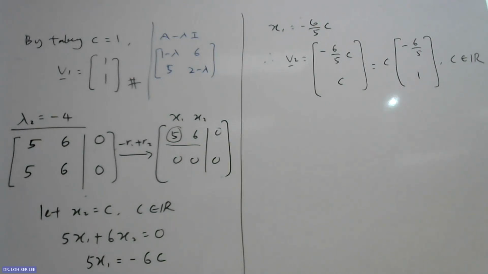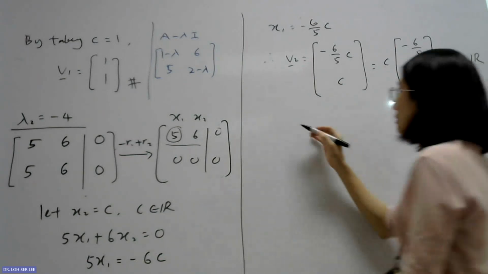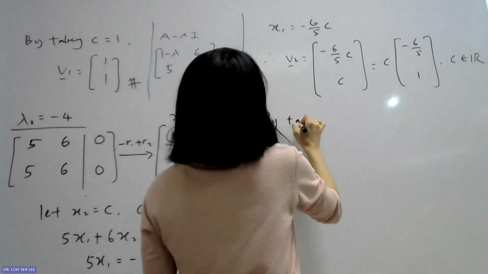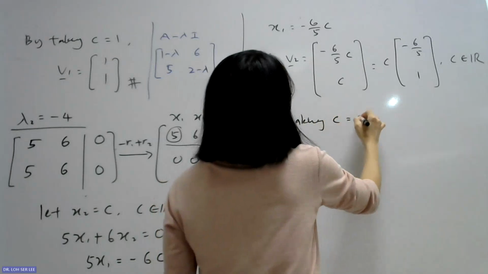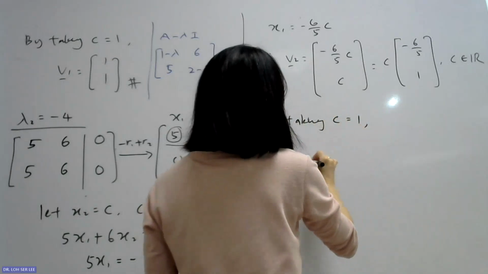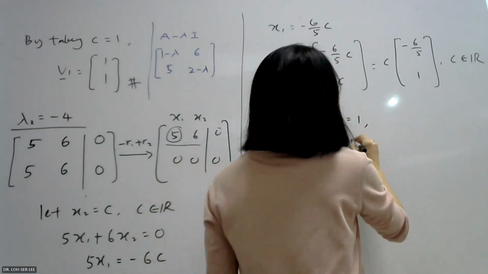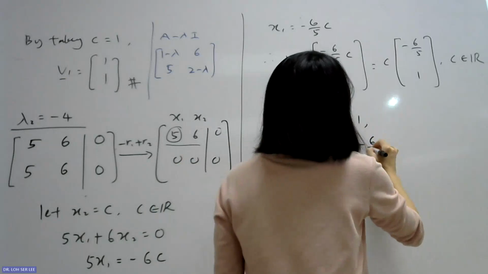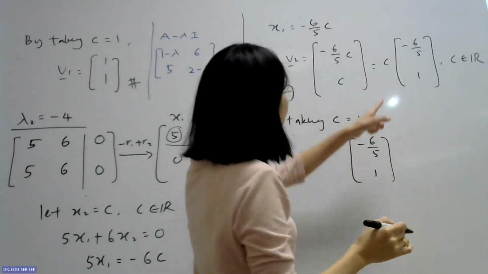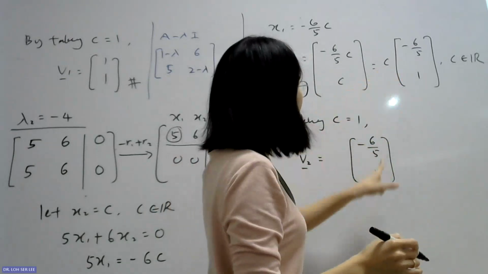This one we have to normalize because the largest magnitude is more than 1. So by taking c equals to 1, your V2 will be -6 over 5 and 1.